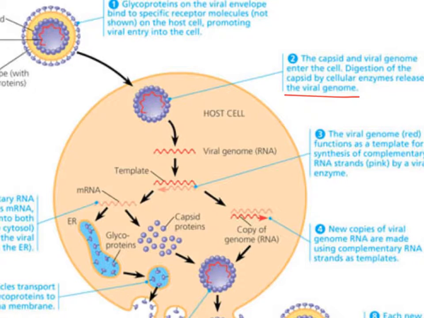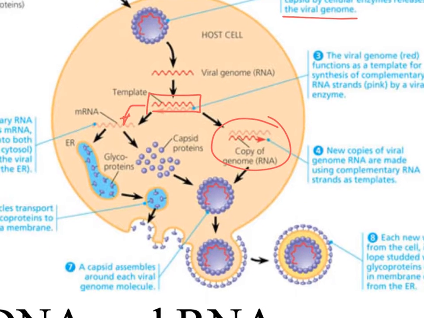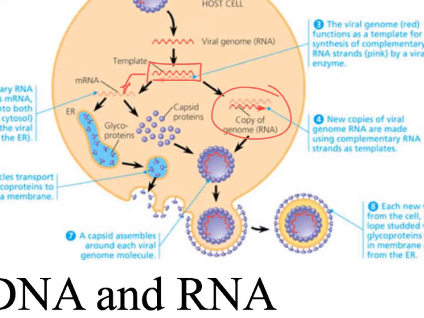So from the mRNA, that is this one, you'll get copies of the mRNA for the new viruses, and you'll also get this mRNA that will tell the cell how to make the capsid proteins, how to make the glycoproteins, well, the glycoproteins right here, and will also tell the cell how to put everything together again, okay?